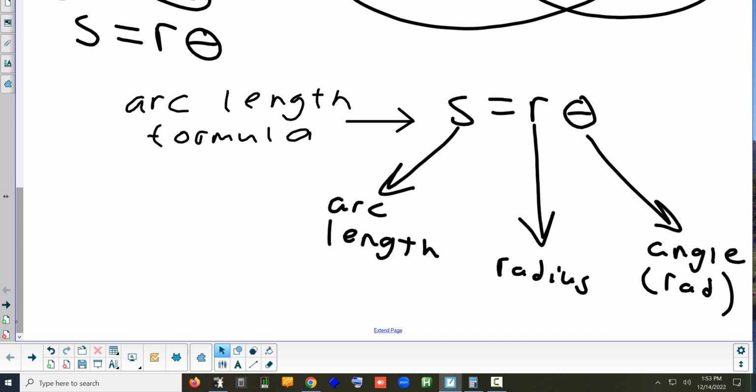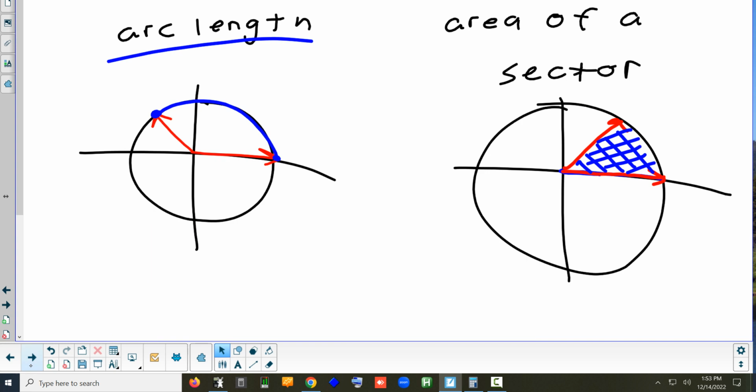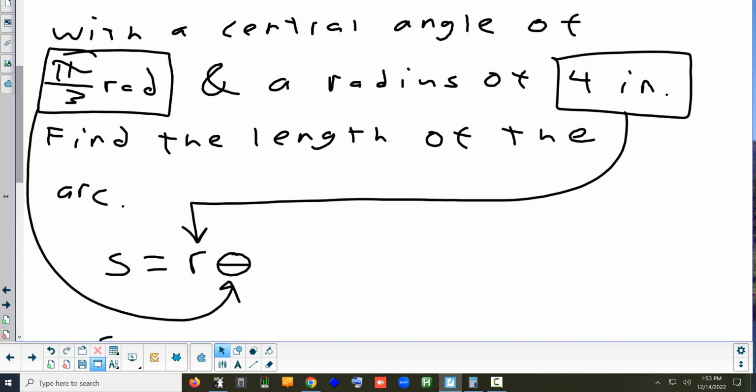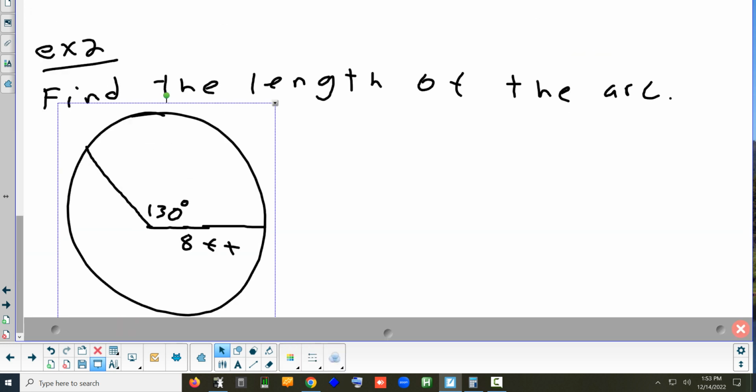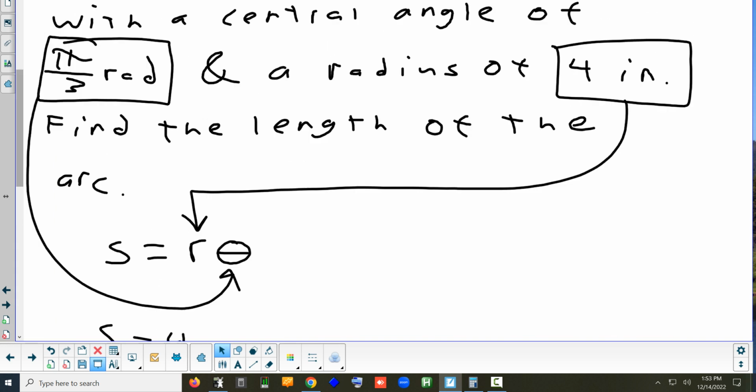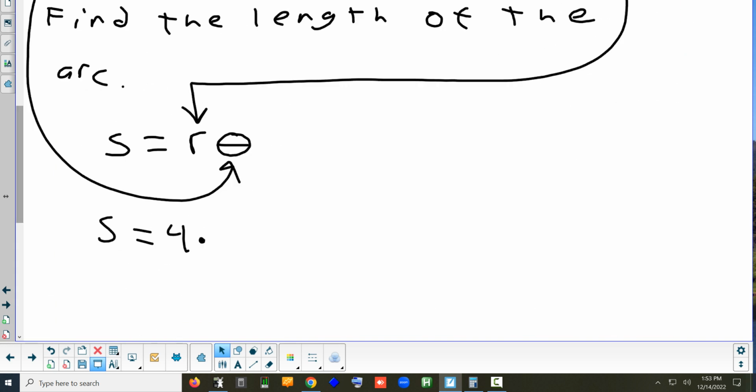Curtis, what does it say about the angle? It's in red. Radians. So the angle has to be in radians. If it's in degrees and you type it in, you're wrong. You're not almost right. You're completely wrong. So we have to make sure it's in radians. This problem, it's already in radians, so we're fine. In the next one, it's not, so we'll have to fix it. This one is fine to plug in the way it is.